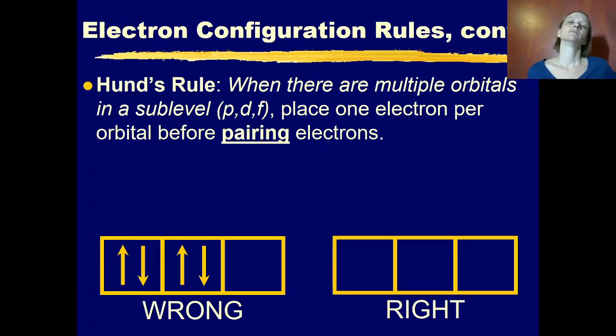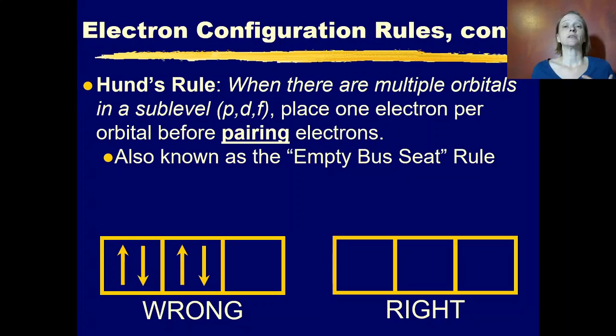The third rule you need to know about is called Hund's rule. This rule states that when there are multiple orbitals in a sublevel, whether it's p or d or f, you have to place one electron per orbital before you start pairing the electrons.